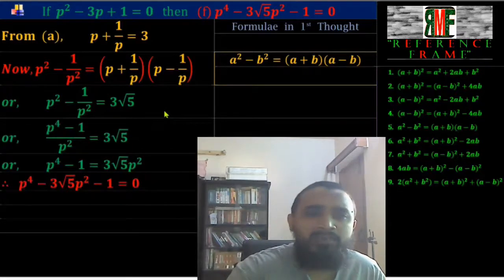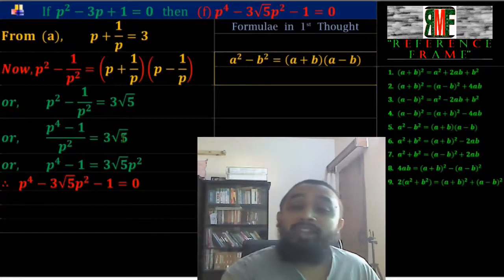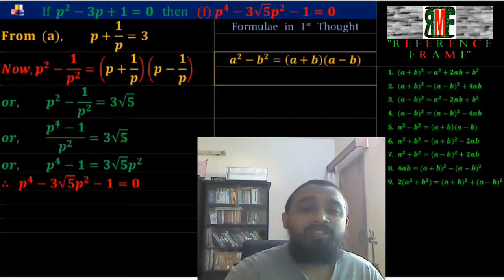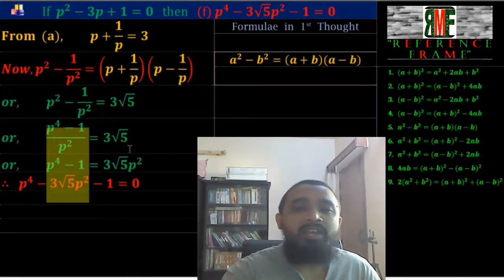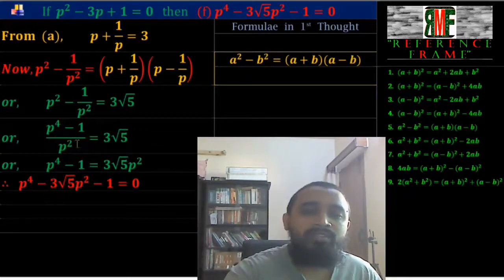So by taking LCM, we get P to the power 4 minus 1 by P square is equal to 3 root over 5. Now just like the previous problem, we do the cross multiplication. On the left hand side, we have P to the power 4 minus 1, as you can see here with the green color, and on the right hand side, P square is shifted here, so it's 3 root over 5 into P square.